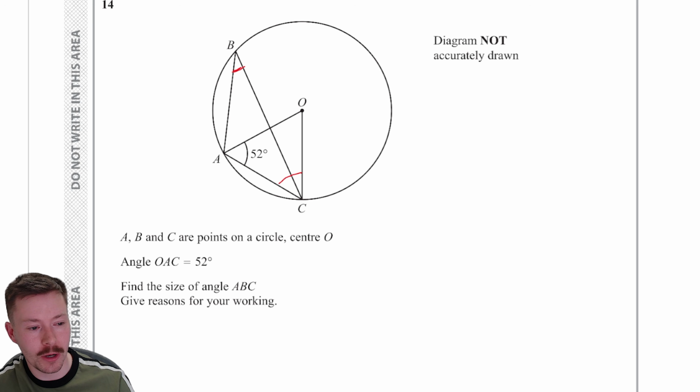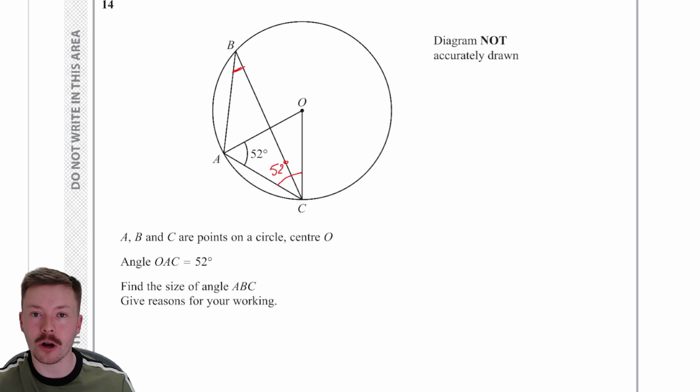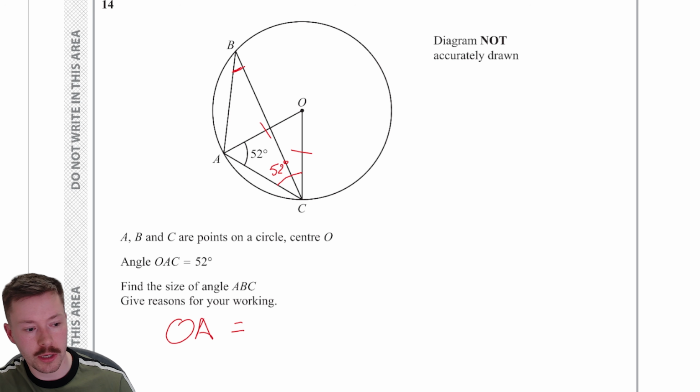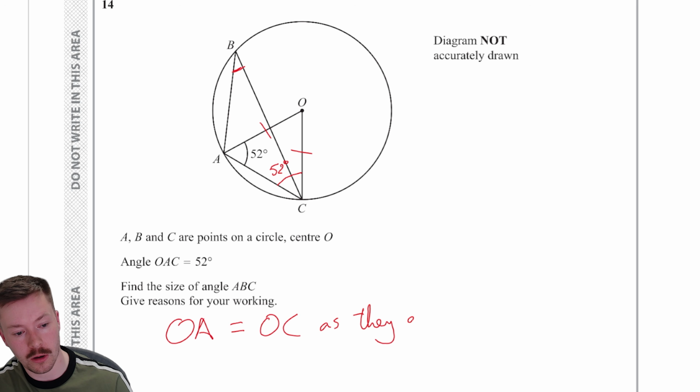This angle here, OCA, has to be 52 degrees also. And the reason that is, is because OAC is an isosceles triangle. Again, the reason that's an isosceles triangle is because O to A is a radius of the circle and O to C is a radius of the circle. So those two lengths must be equal. So what I'm going to write is OA is equal to OC as they are radii.